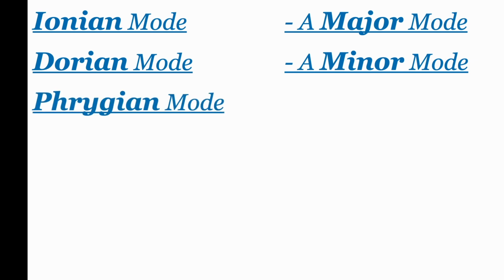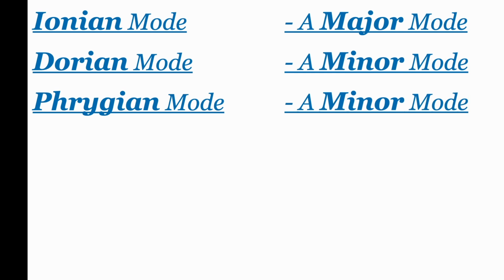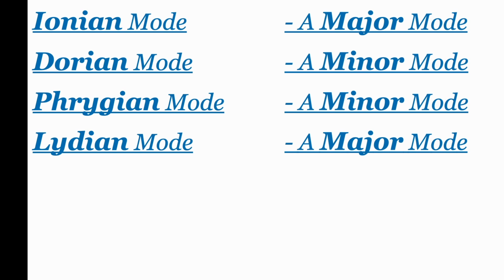Phrygian, interesting name, say that 5 times fast, but that's also a minor mode. So you don't know a lot about Phrygian, but you do know that there are only 3 semitones between the first and the third.